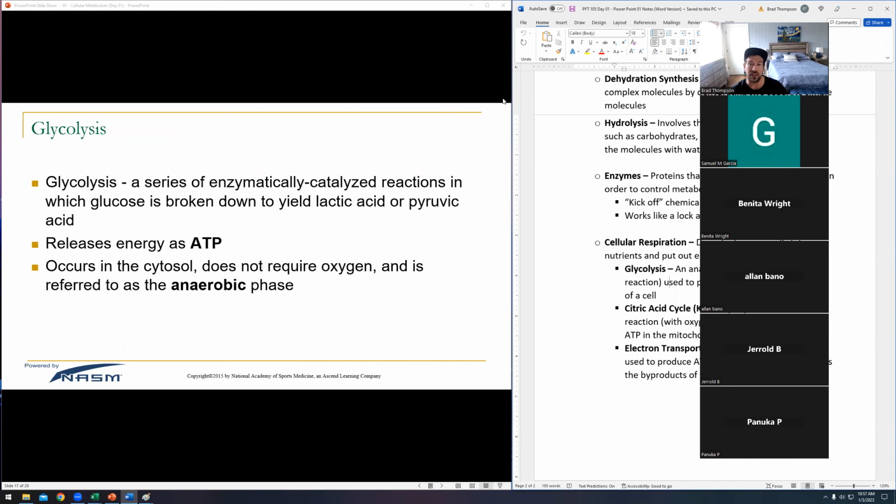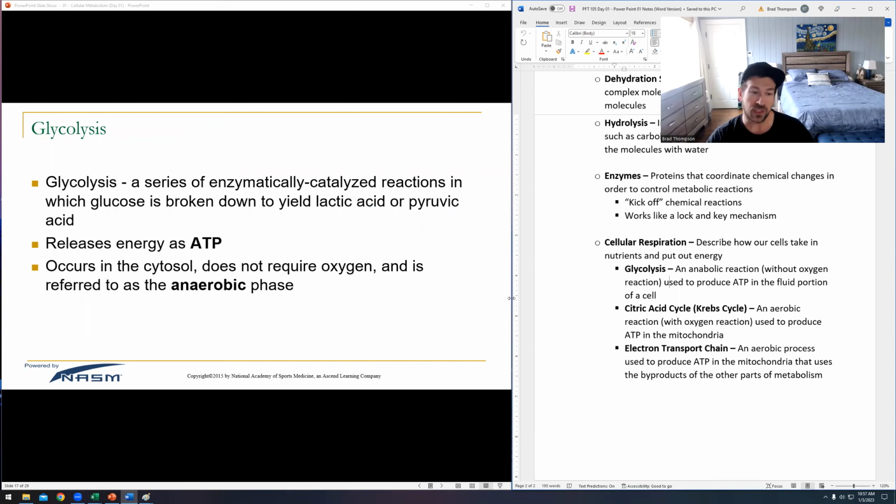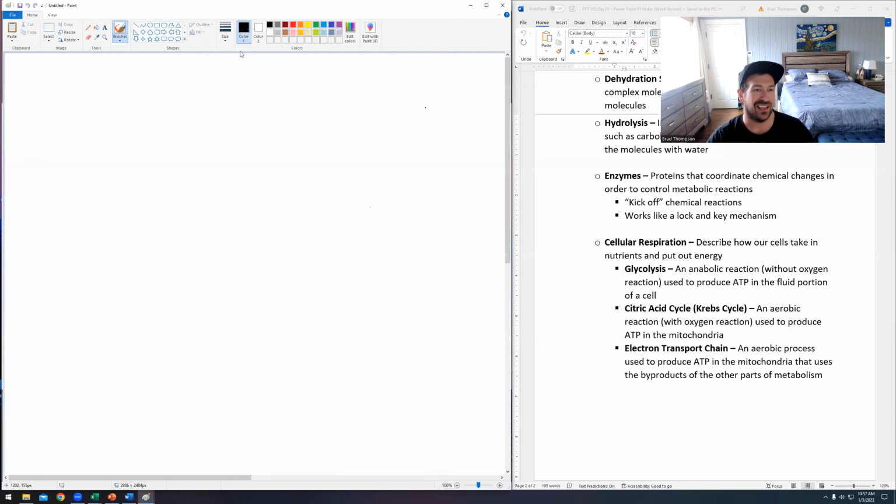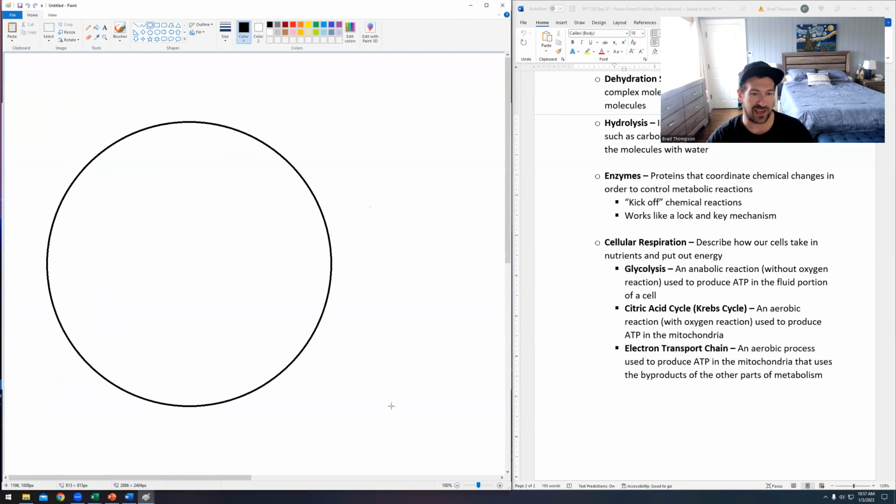There's going to be three parts to cellular respiration. If you imagine your classic, sort of high school biology cell, it looks something like this, with a nucleus inside and maybe some other organelles. We'll just put some random shapes in here. These little organelles inside are doing all kinds of different things.